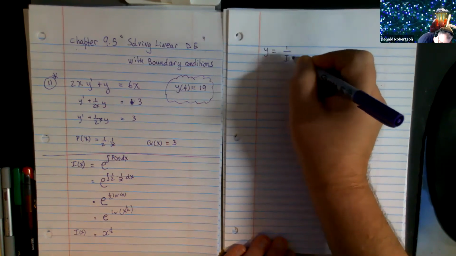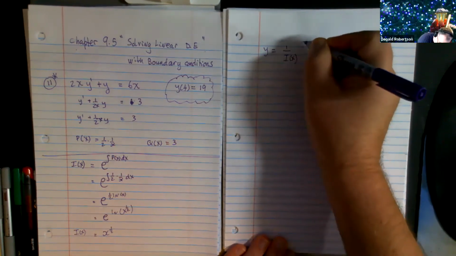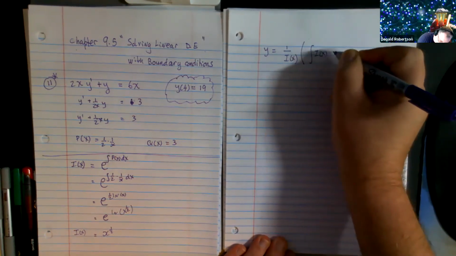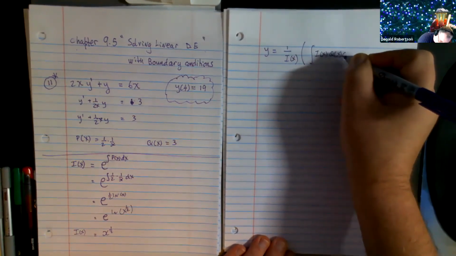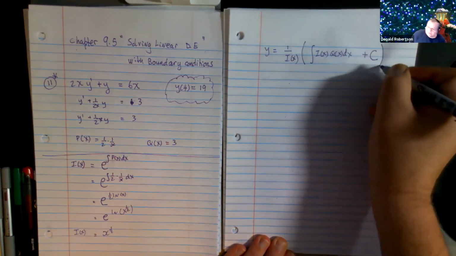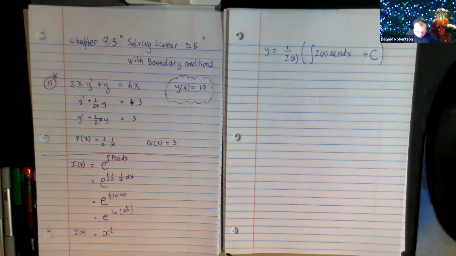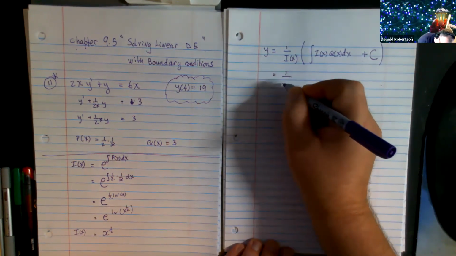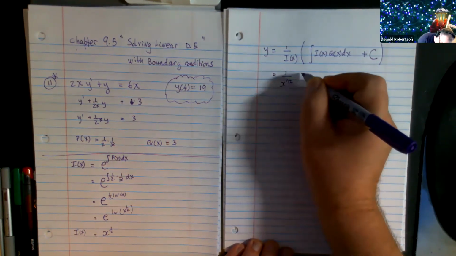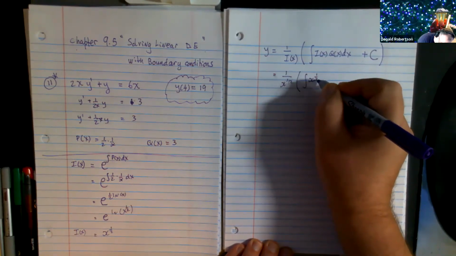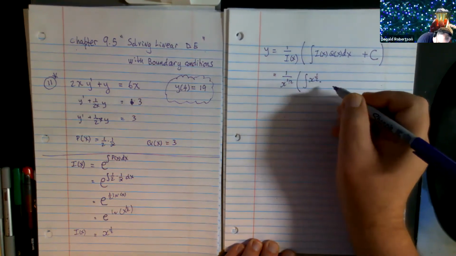Well, it's 1 over the integrating factor, the integral of this guy, Q of x, plus a c. So 1 over x to the half, the integral of x to the half times 3.